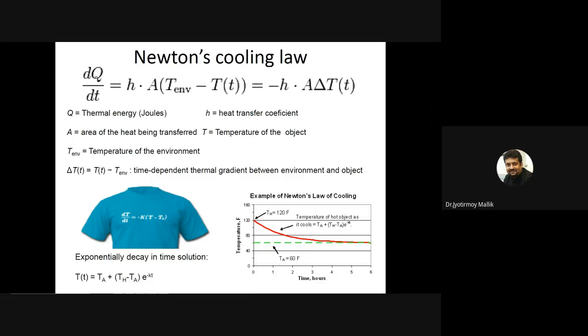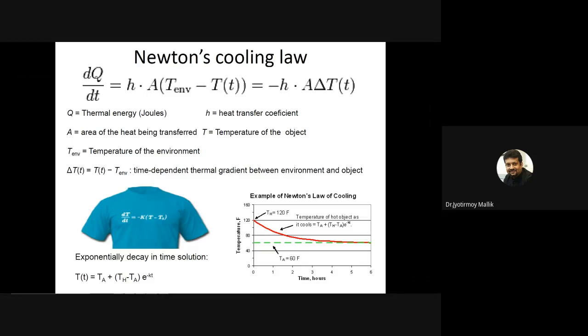So, the rate of cooling of that particular object is directly proportional to the area of the heat being transferred, which is the surface area of the object itself in contact with the environment, and it's also directly proportional to the temperature difference between that object and the environment.